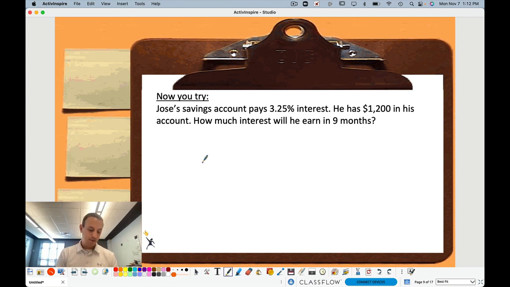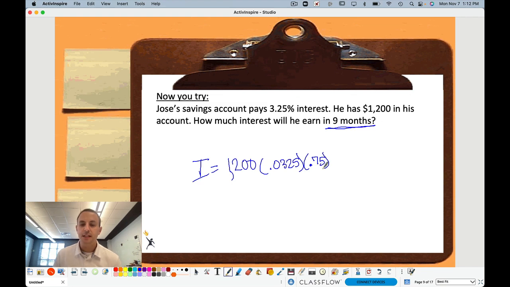All right, so let's see what we come up with. I'm doing it right now on my calculator. The key to this problem, though, is right here. So if our interest is here, our principal is still that $1,200 times our interest rate of 0.0325. This time, our time is going to be just 3/4, or you could use the fraction or the decimal.